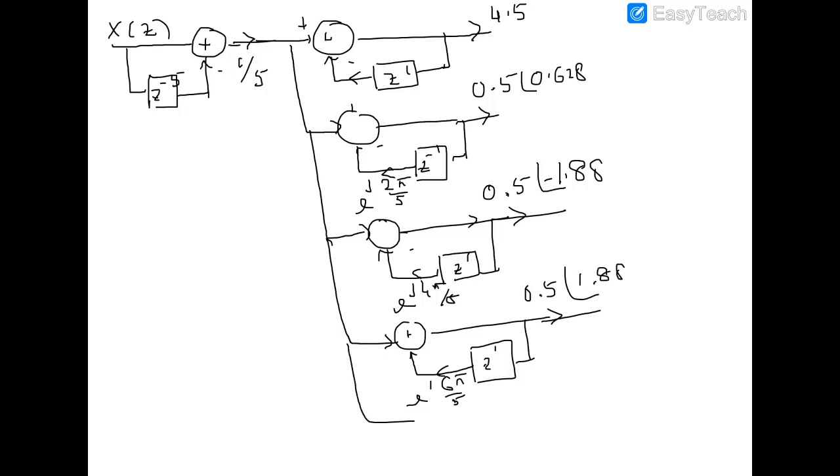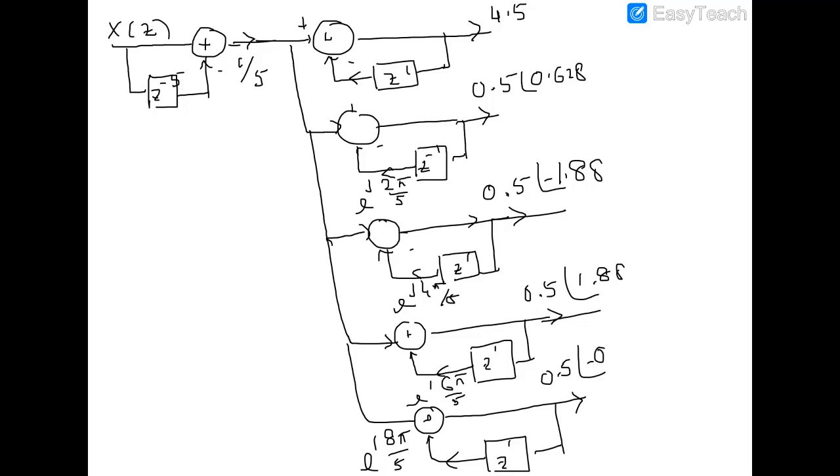Then we have the next one, e to the power j 8 pi by 5, and the gain is 0.5 at an angle of minus 0.628. Now the output of this has to be y of z. I need to sum all these.